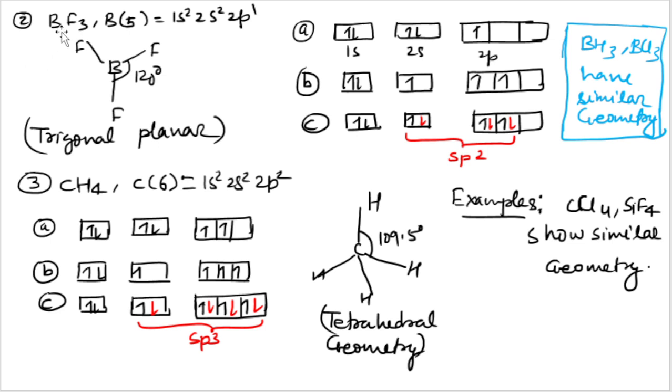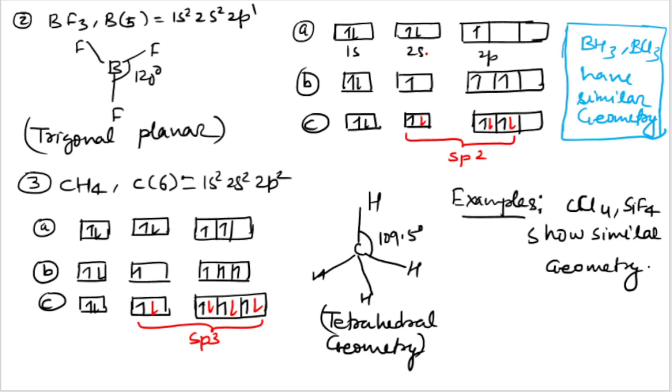Now discuss another example, BF3. The electronic configuration is 1s2, 2s2, 2p1, so the valence electrons are 3.